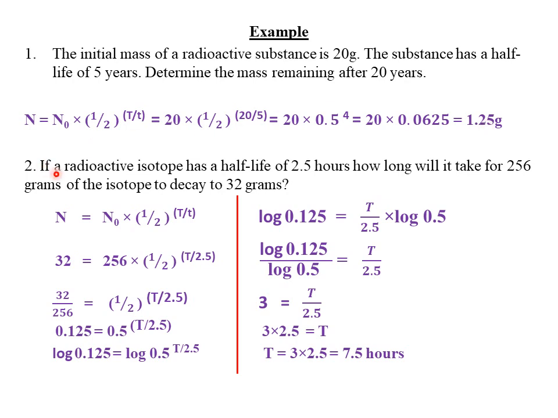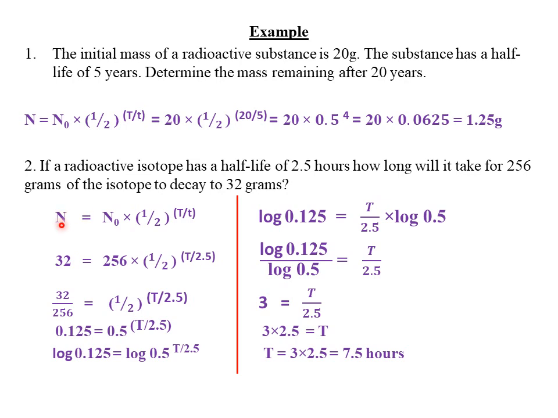Our second example reads that if a radioactive isotope has a half-life of 2.5 hours, how long will it take for 256 grams of the isotope to decay to 32 grams? Again, we are simply using the same formula, N = N₀ × (1/2)^(T/t).